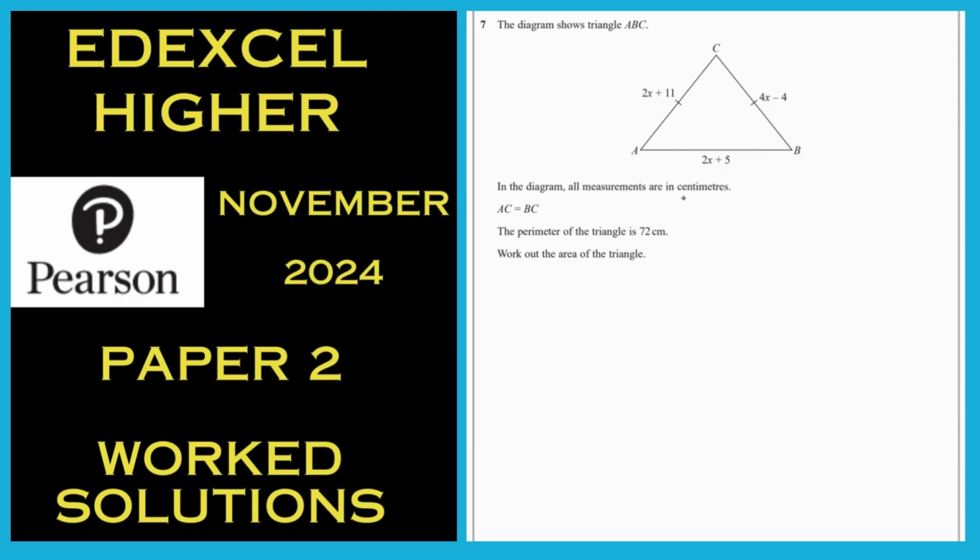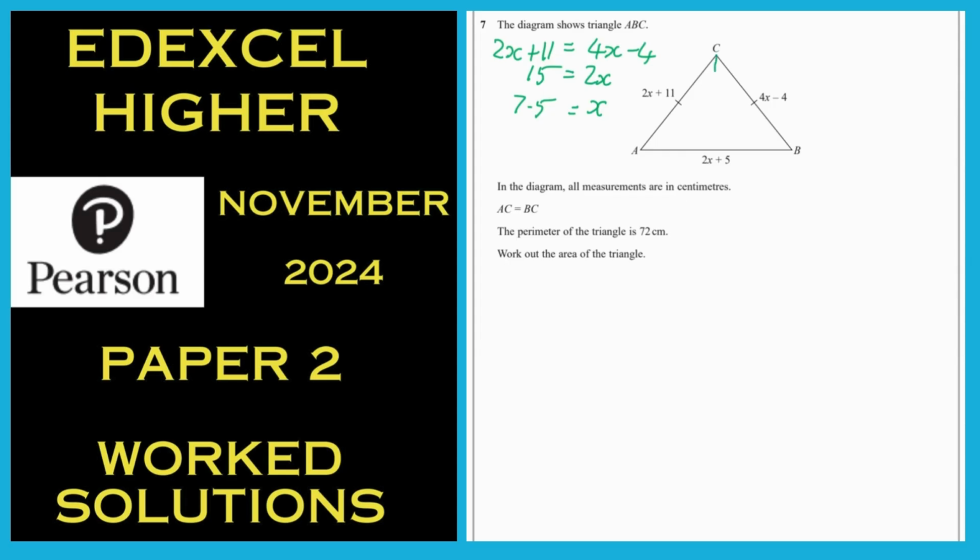I'm going for 2x plus 11 and 4x minus 4 must be the same length. I'm going to take 2x from both sides whilst adding 4 to both sides, and no matter which way you do it, you get x to be 7.5.